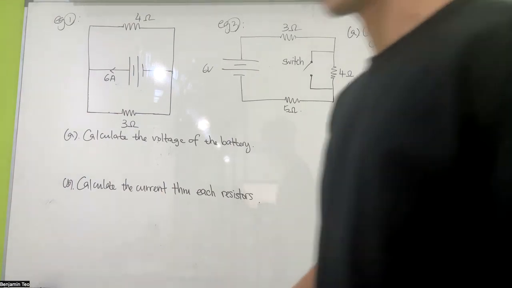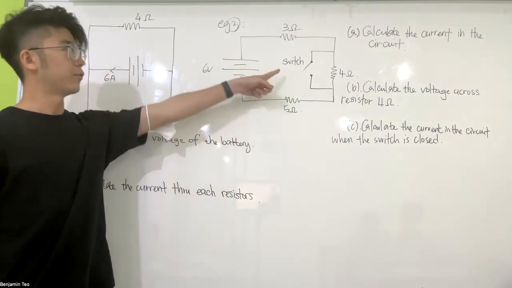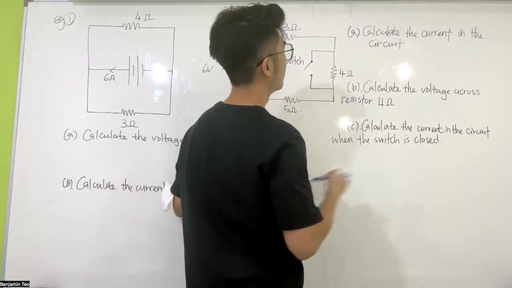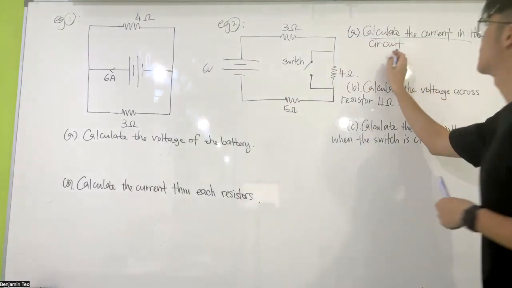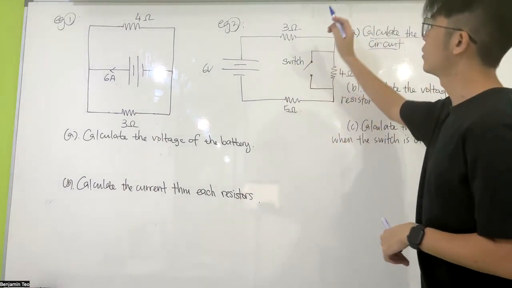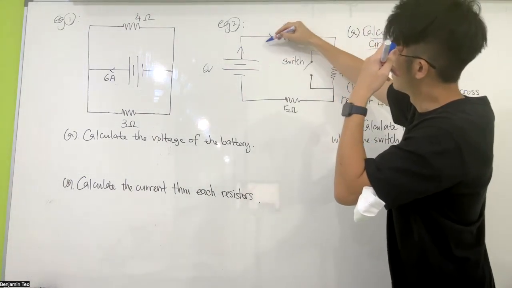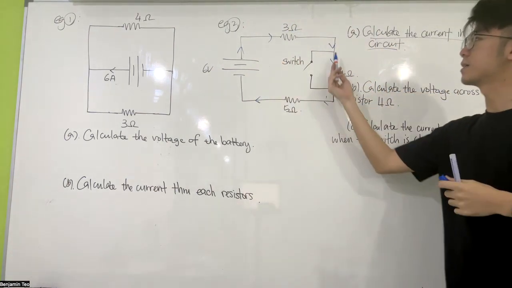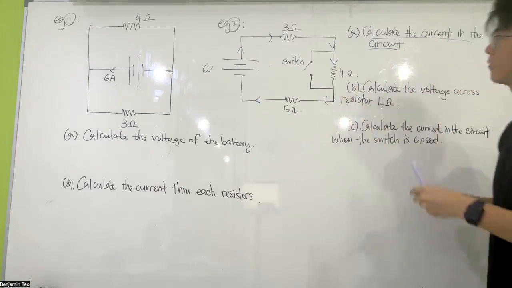Now I straight away jump into the solution. Okay, for this one, what is this for? Calculate the current in the circuit before the switch is closed. You label the current flows in like this, and then come back like this. It doesn't go here because there's no connected path.